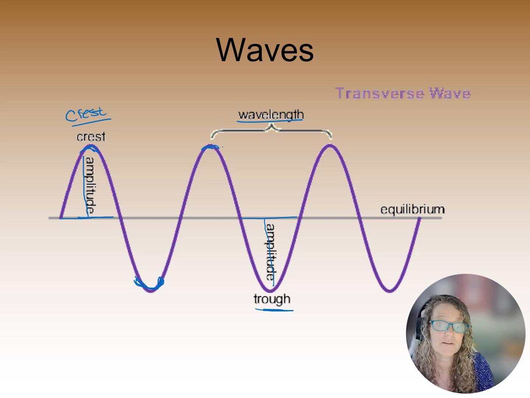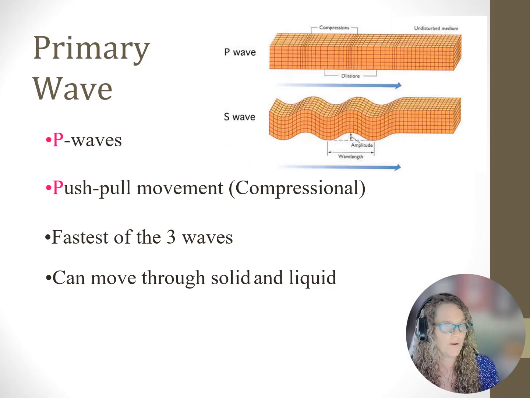Okay, those are the basic parts of a wave we need to worry about for earthquakes and other stuff we're going to learn about later. Okay, so this primary wave, it's the P wave because we just give it a nickname, primary wave, P wave. It does a push and pull movement, so that's convenient. So not only does primary mean the first, but it also pushes and pulls, so all that P alliteration from English is helpful.